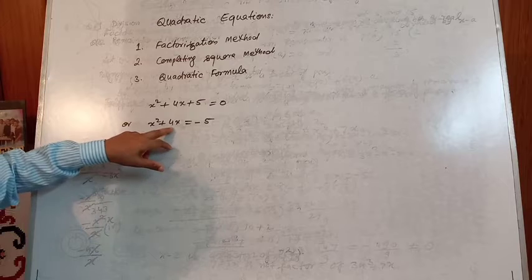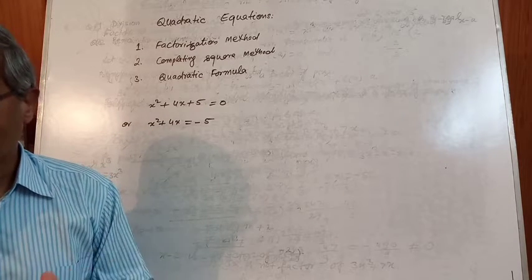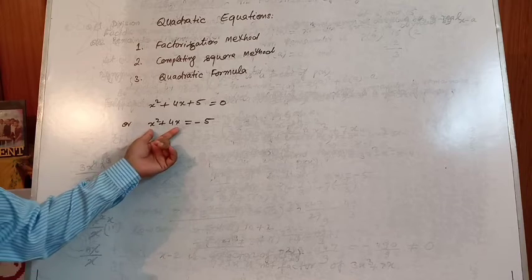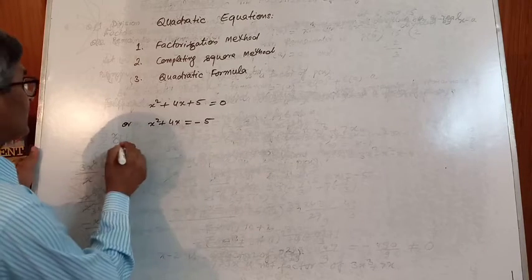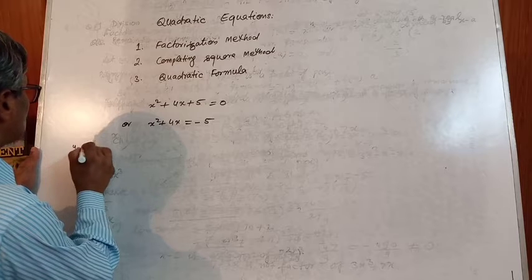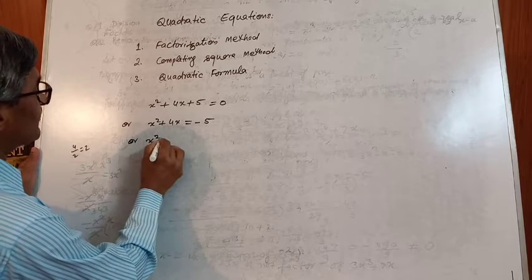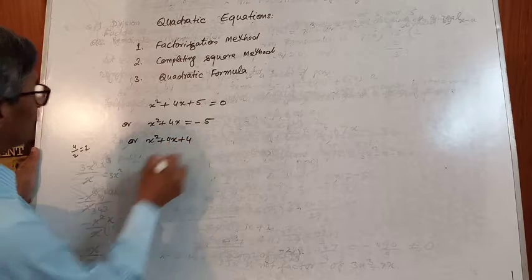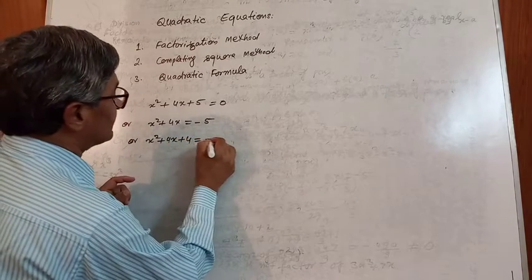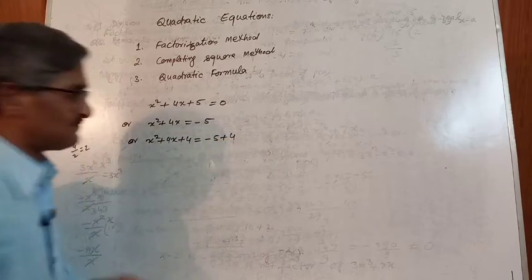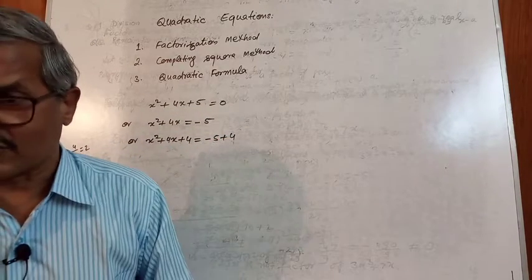Whatever number we get by dividing the coefficient by 2, we add its square to both sides. So we write x square plus 4x plus 4, equal to minus 5 plus 4. The same number is added on both sides, so there is no change in the equation.